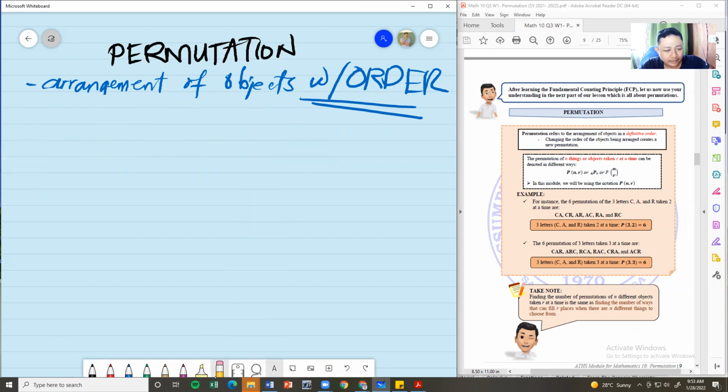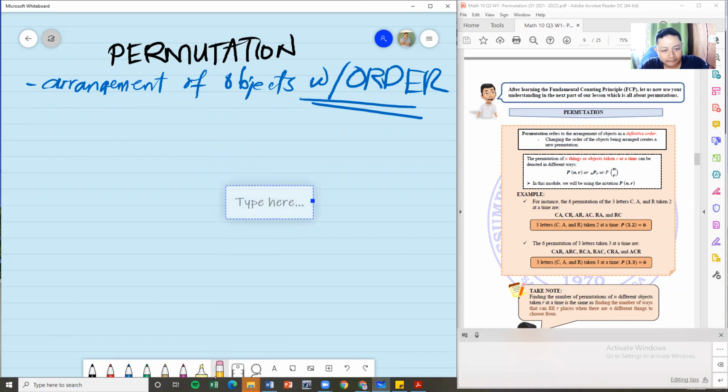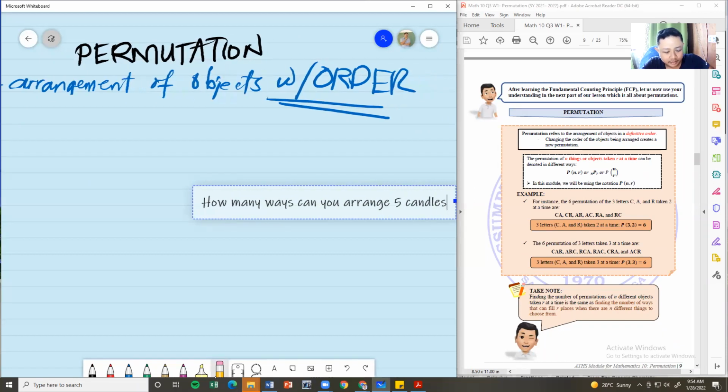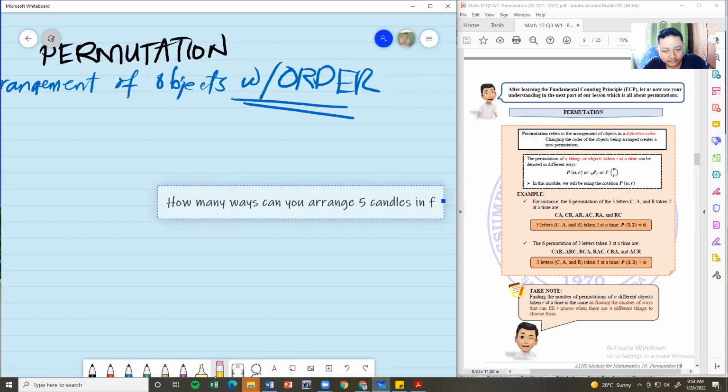Ito pala, meron pala tayong A dito. Here. How many ways can you arrange 5 candles in front of the grave if there are only 3 candle holders?